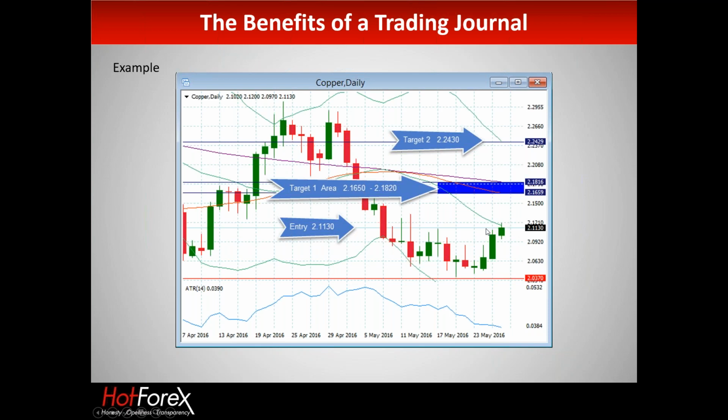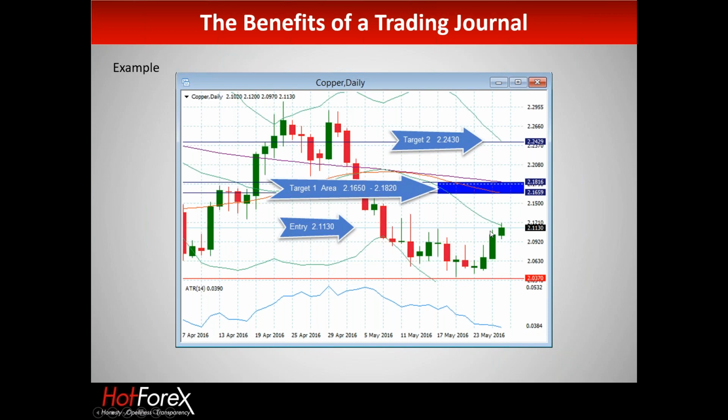So as it hit here, the trader bought. Now, why did he do that? According to his notes, it appears that it has broken the mid of the Bollinger Band, and it appears to be heading up as supported by the previous candles.